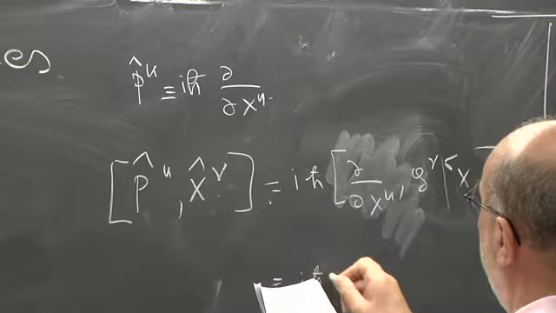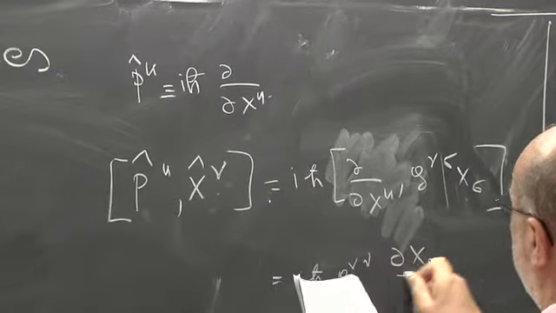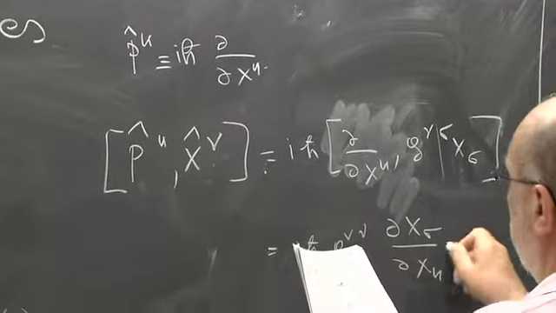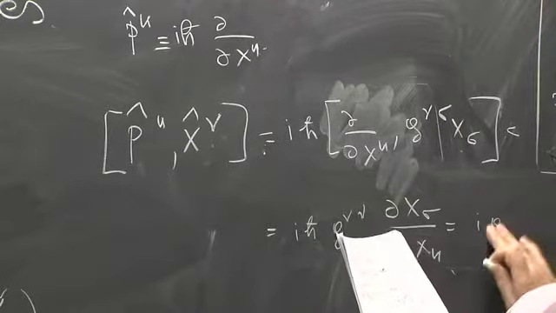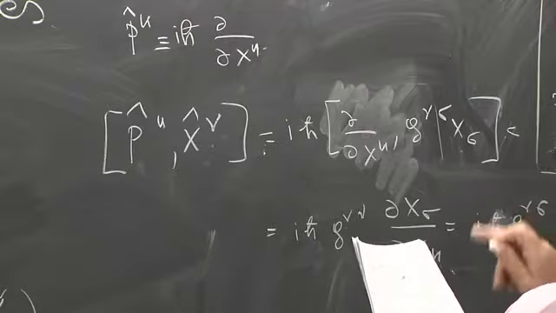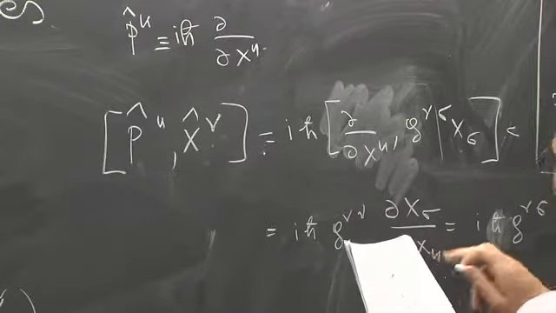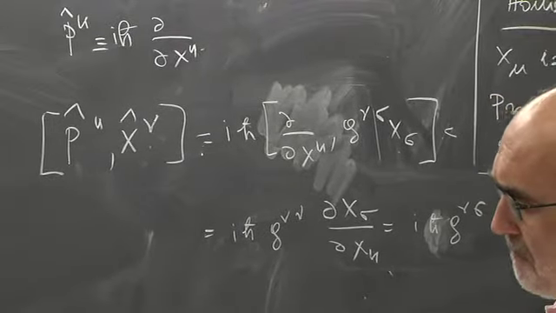This object is h g nu sigma dx sigma dx mu, and this is i h bar g mu sigma, and I have to divide this by this. There is something I did wrong here.